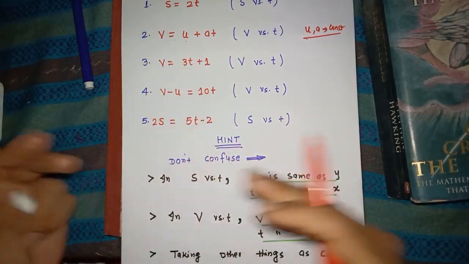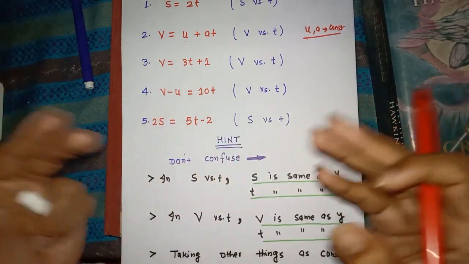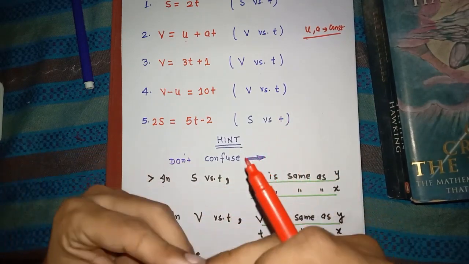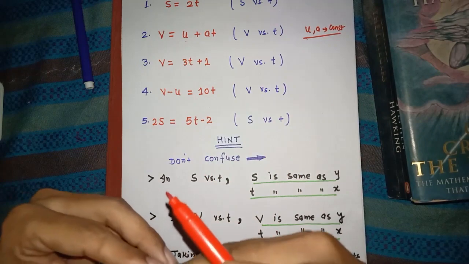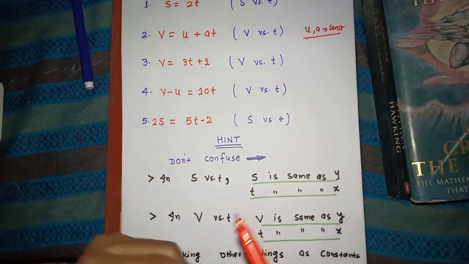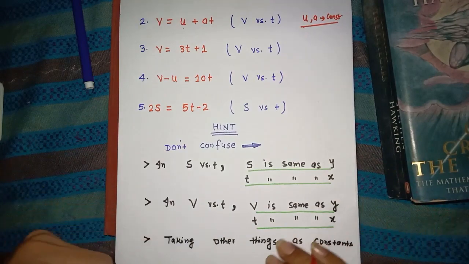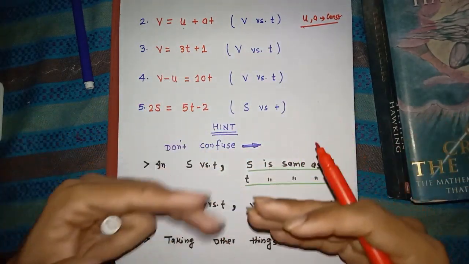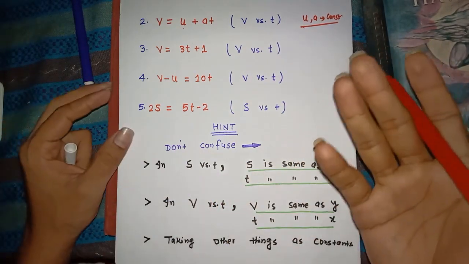So you have to take v along the y-axis and t along the x-axis, and make a table of 3 or 4 values. Then you draw the coordinate points and join all the points by free hand. This is your graph. So here you have to take u and a. You can take u and a anywhere.